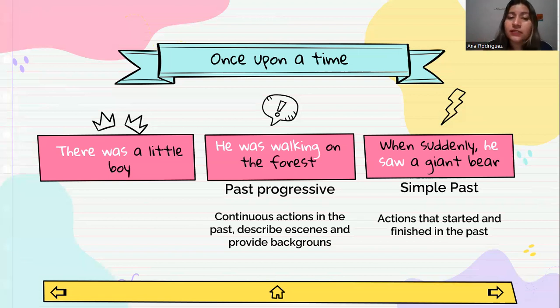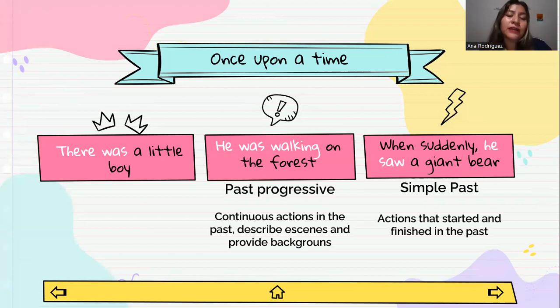For the past continuous, as you can see, we use the subject, was or were, and then the verb in ing, okay? If we are talking about he, she, it, or I, then we use was.